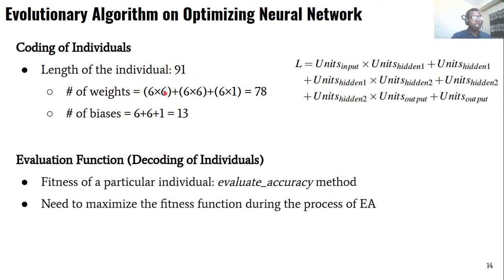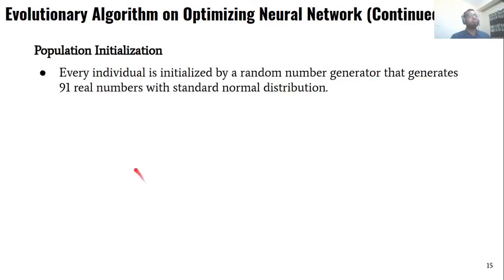To evaluate these individuals, we used the accuracy as the fitness function. Our target is to maximize the fitness function. In the population initialization, we initialized those weights and biases by random numbers, so of course 91 real numbers having standard normal distribution.